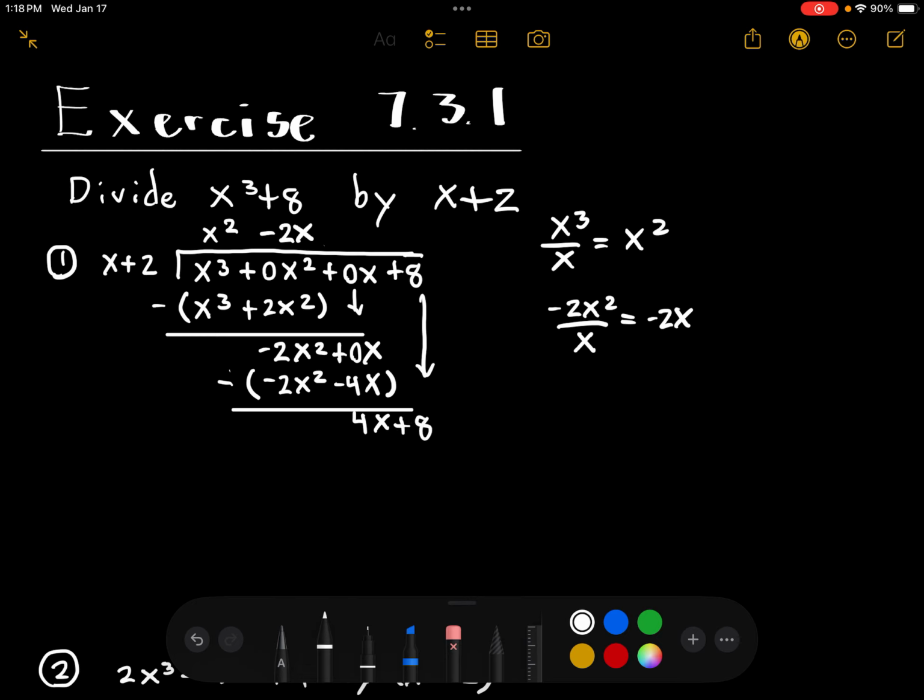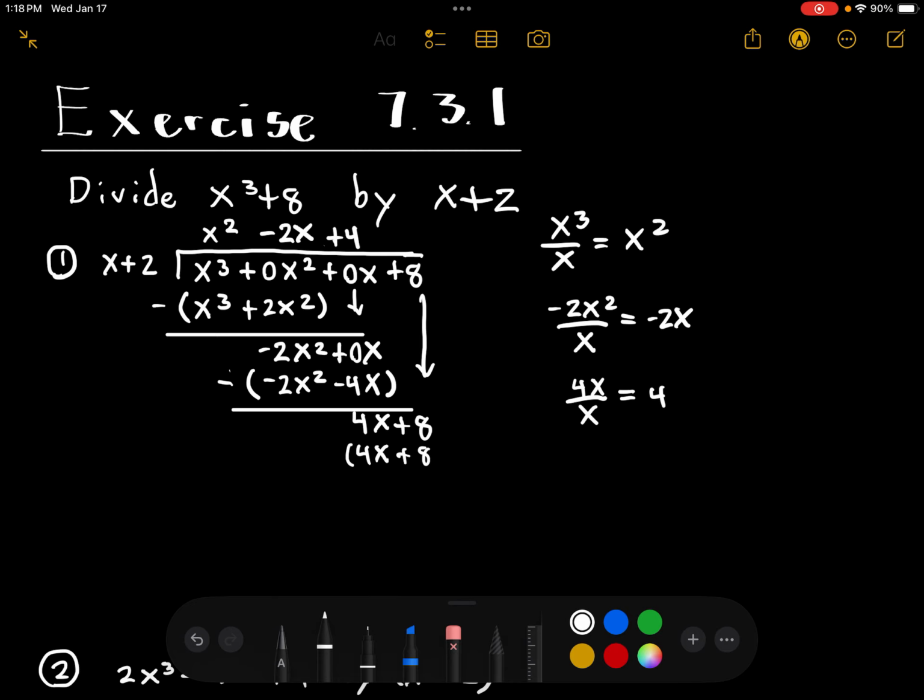And then when I do that, again, we're going to take the leading term, divided by the leading term in the divisor. That's going to give us a 4, so this last term should be a 4. So again, if we distribute 4 times x, that should give us a 4x, and then 4 times 2, that's going to give us an 8.